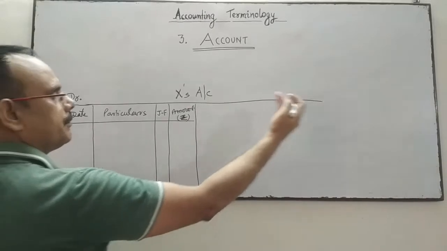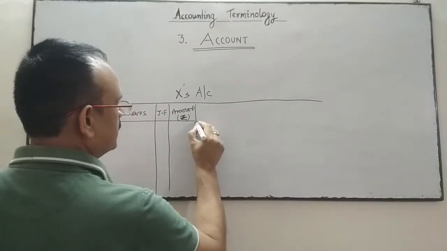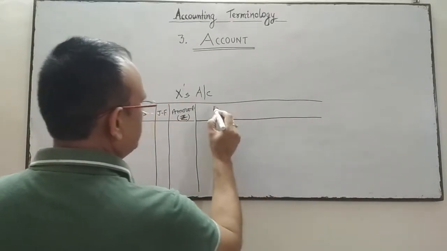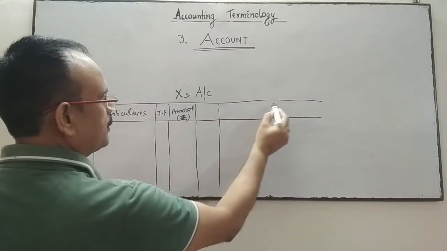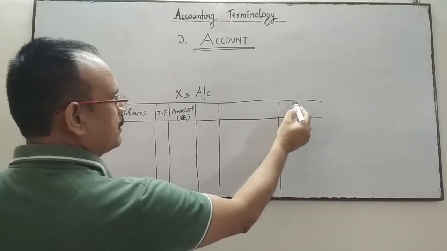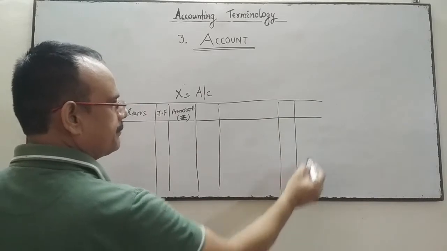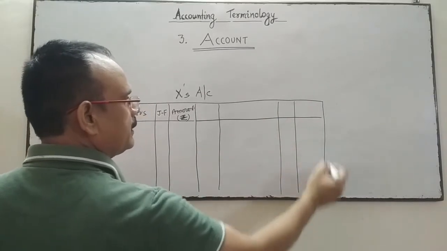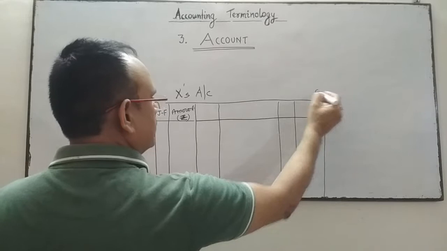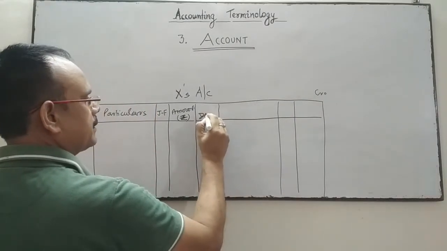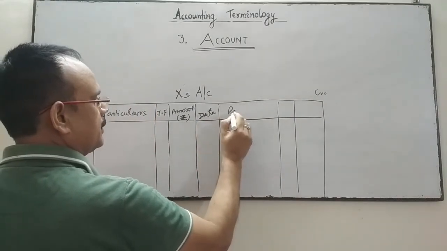Same thing, your right hand side, we are going to repeat: date, particular, JF and amount. This side is called the credit side.